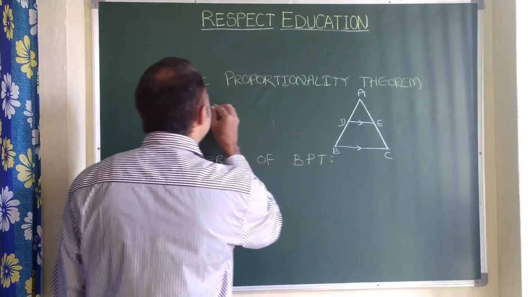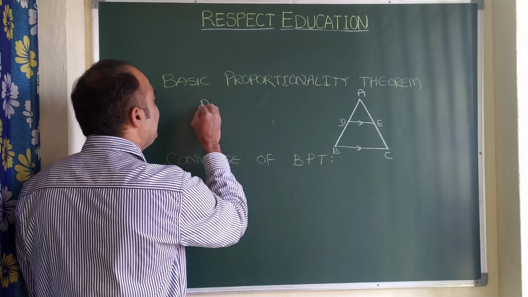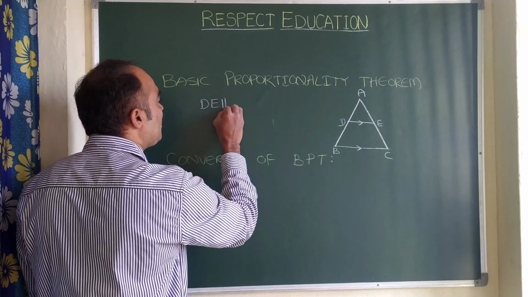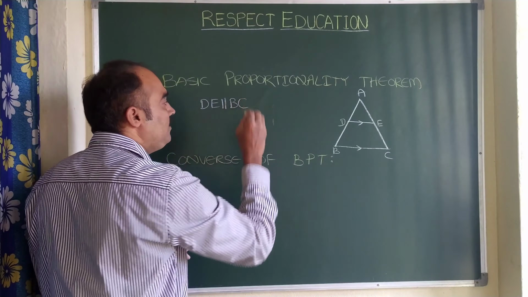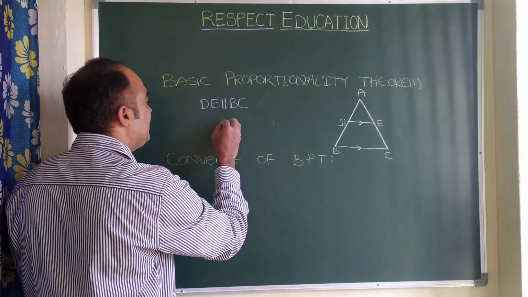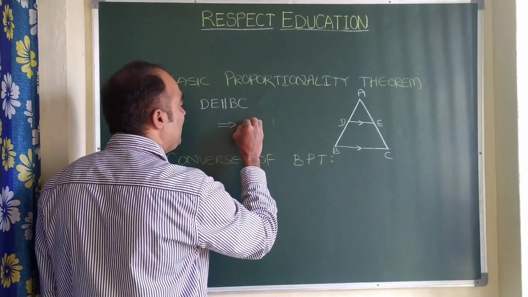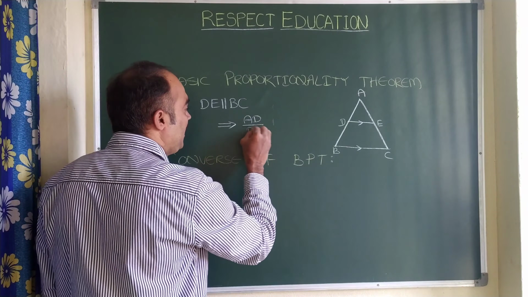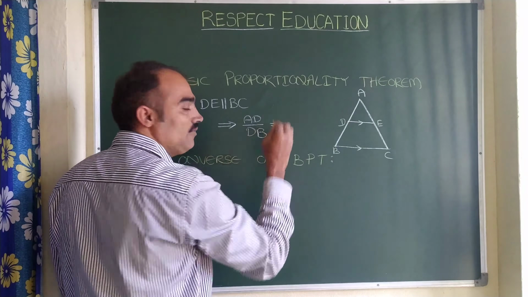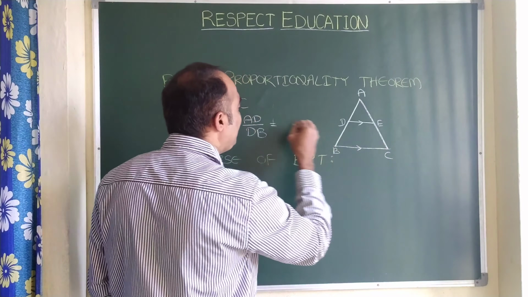That means the starting thing is that DE is parallel to BC. If DE is parallel to BC, then we can say that the ratios are equal, AD by DB is equal to AE by EC.